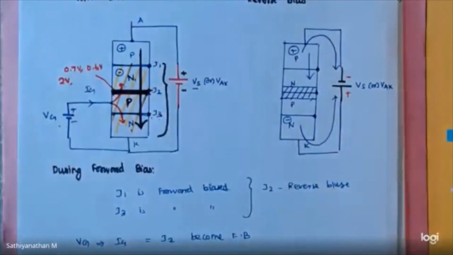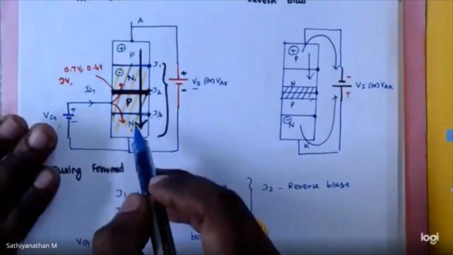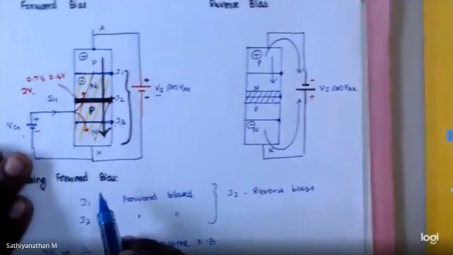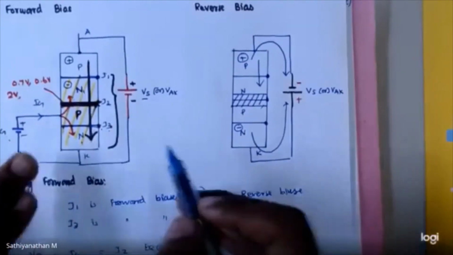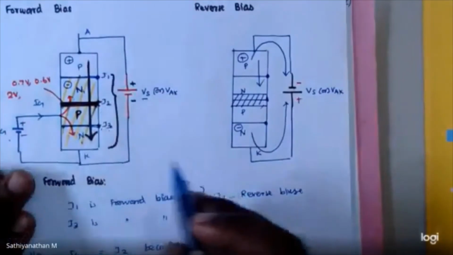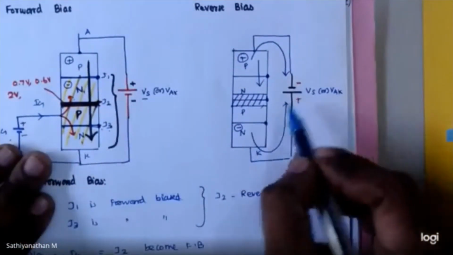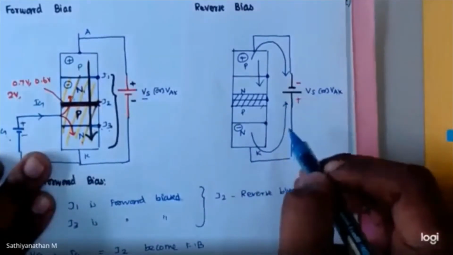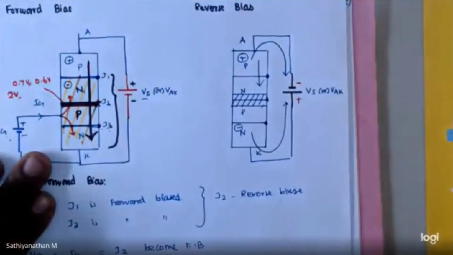Because of this reason, even if you remove the gate voltage, the device will not stop conducting. After removing the gate voltage, the device will not turn off. In order to avoid this, you have to reverse the supply voltage magnitude, where the anode is connected to negative and the cathode is connected to positive.